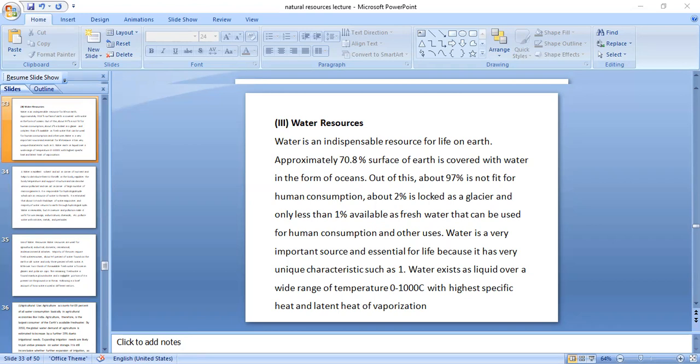So the flood is a condition when water is in excess form. Drought is a condition when water is in a very less form. So floods and droughts are two well-known natural hazards. Former one is due to excess of water or excess in water flow, and the latter is due to water scarcity.